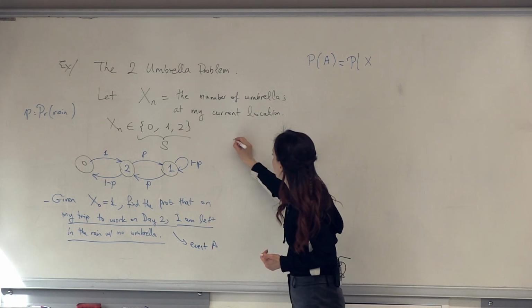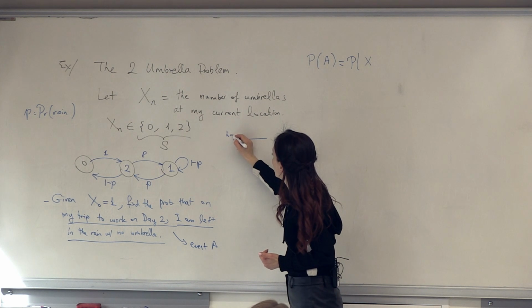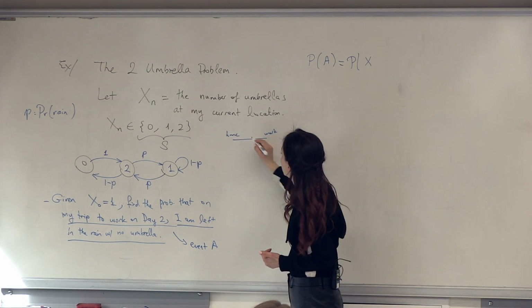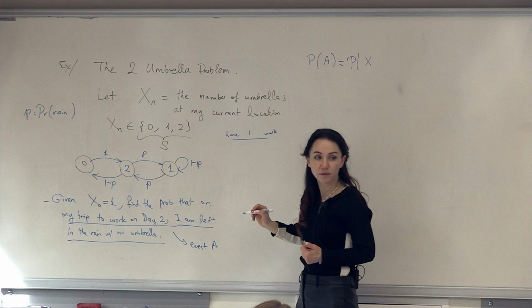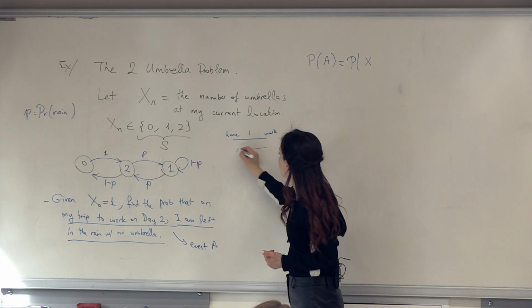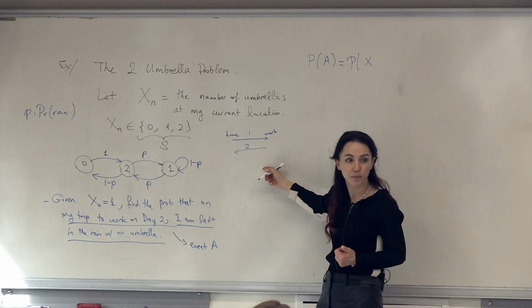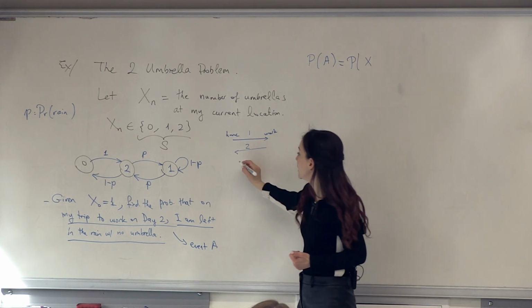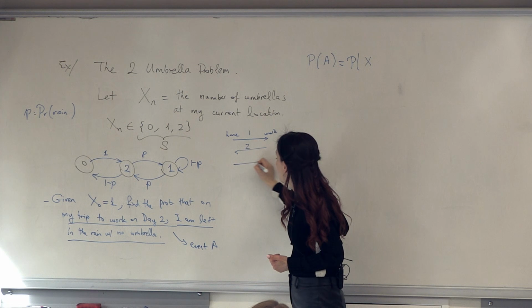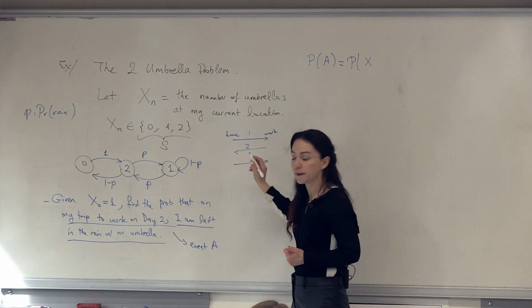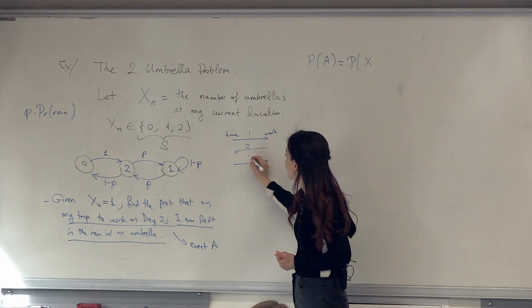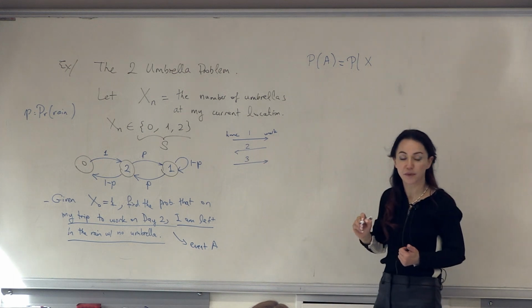So the first trip from home to work on day 1 is trip number 1. Trip number 2 is from work back to home on day 1. The trip to work on day 2 is trip number 3.